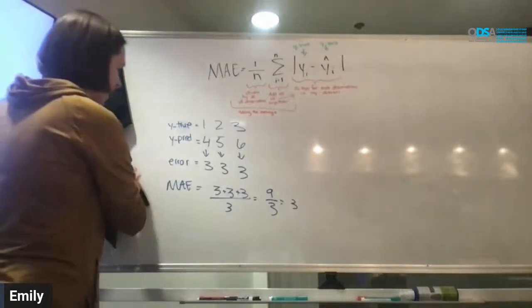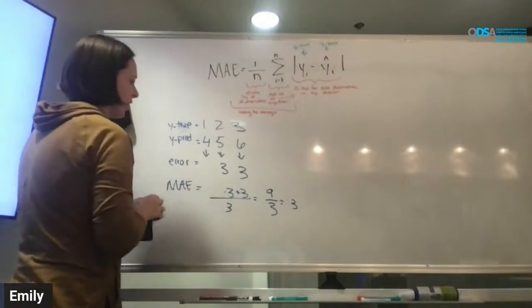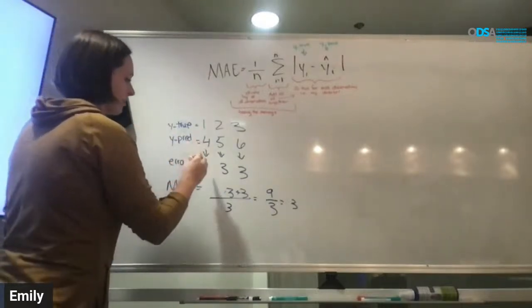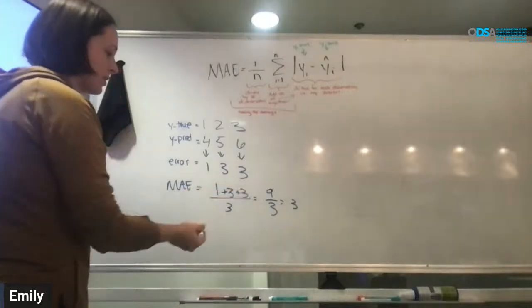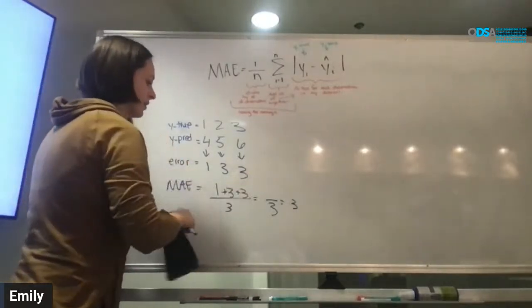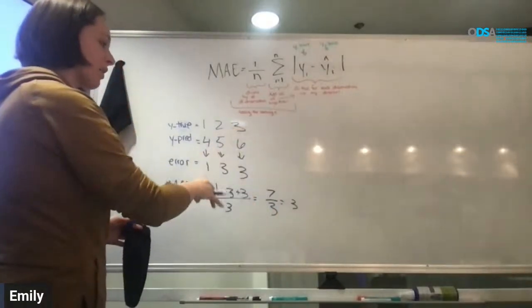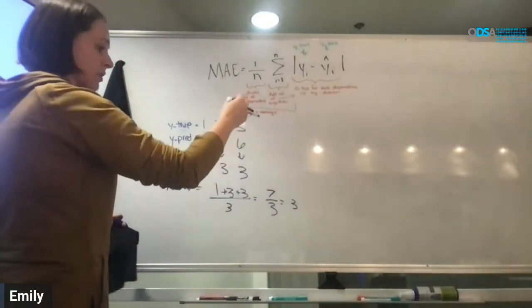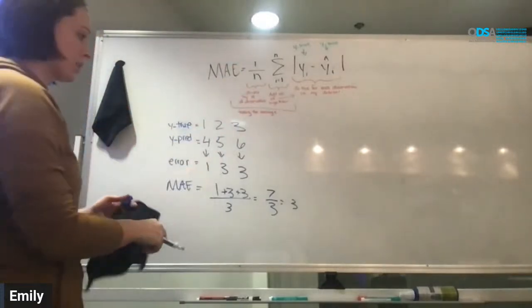So we can start to play around with this if we want. We can change one of these to 1. Just forget about the 1 and 4 there for a second. Just pretend the error was 1 plus 3 plus 3. So now instead of 9, we have 7 over 3. So you can see how your error is going to change. Now our error is going to be lower.